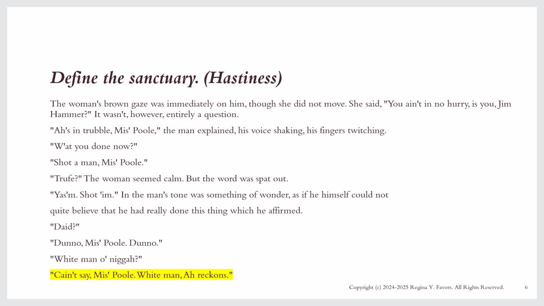"Shot a man, Miss Poole." "True?" The woman seemed calm, but the word was spat out. "Yes'm, shot him." And the man's tone was something of wonder, as if he himself could not quite believe that he had done this thing which he affirmed. "Dead?" "Don't know, Miss Poole. Don't know." "White man or nigger?" "Can't say, Miss Poole. White man, I reckon."